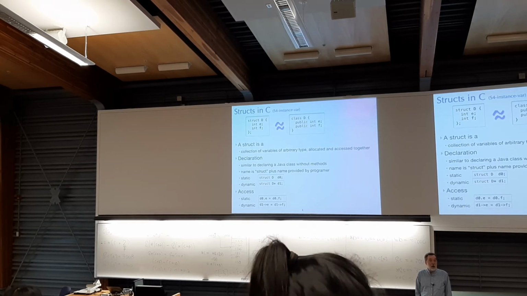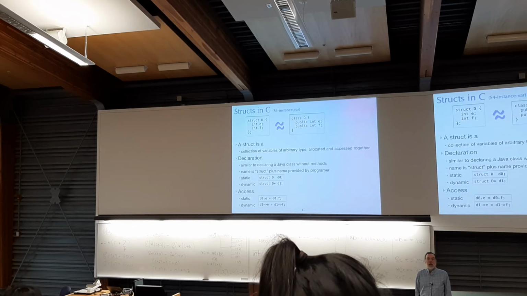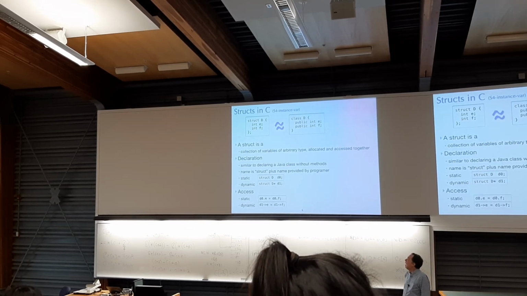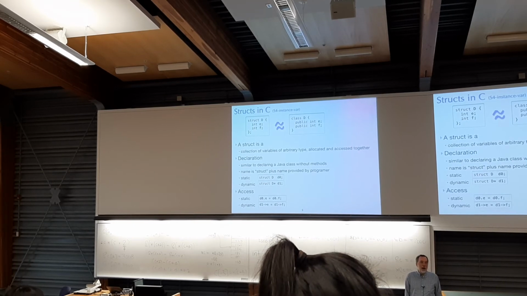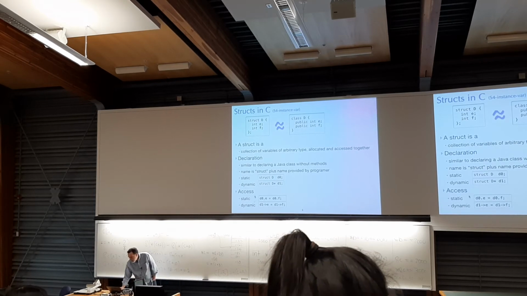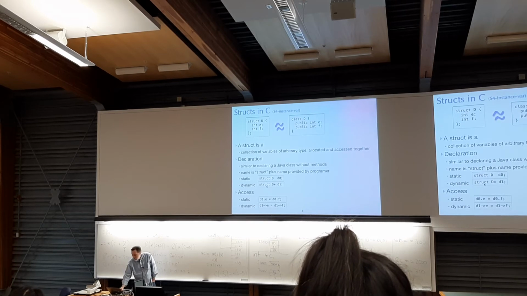So you can declare variables D, and then some variable, right? In C, the type name is not D, it's the full phrase struct space D, struct D is the type. And so, if I want to declare a variable that can point to objects, to structs, I do it like this.